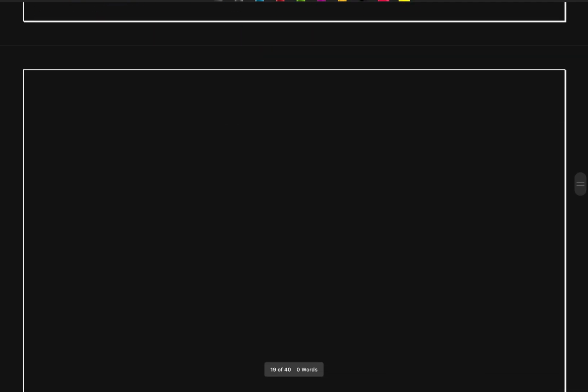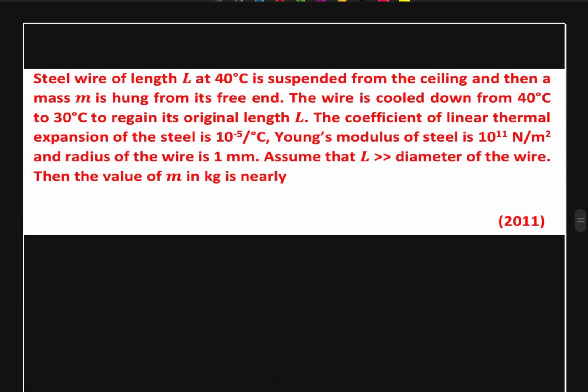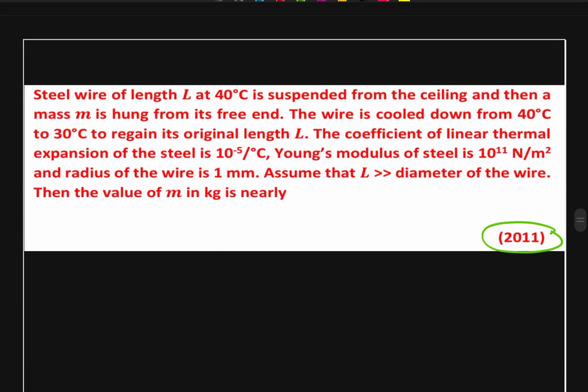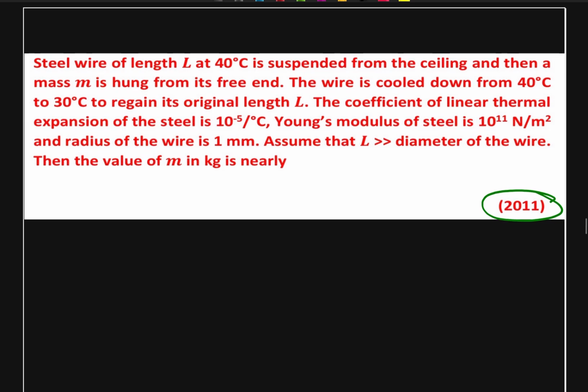Next question. It was asked in 2011, and it states that a steel wire of length L at 40 degrees centigrade is suspended from a ceiling. Then a mass m is hung from its free end.